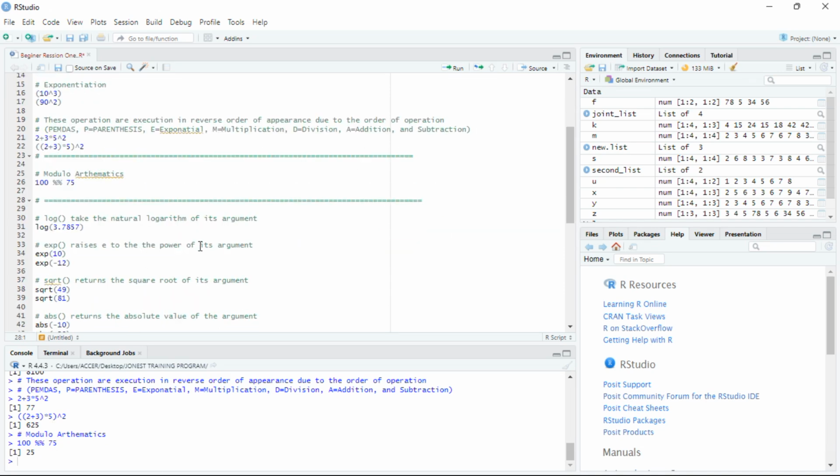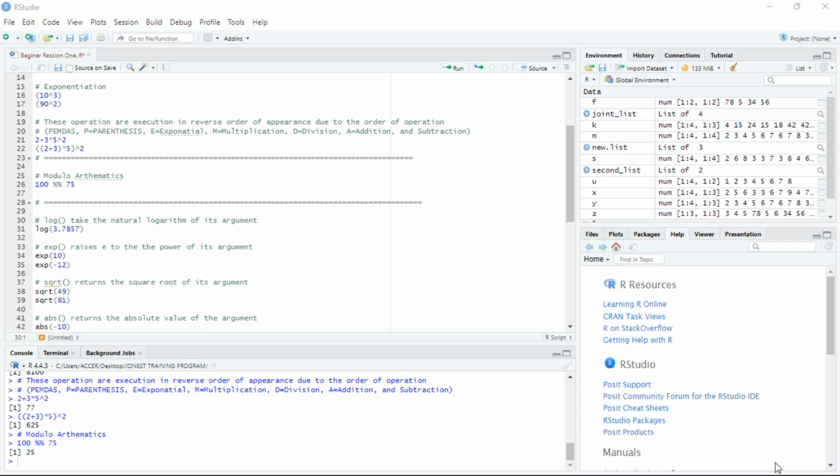Also in our junior high school, we came across what we call natural log, exponent, square roots and absolute value. So in R, we use the log function to represent the natural log.